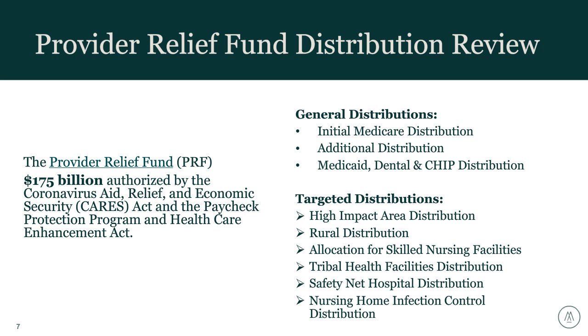Additionally, if Medicare providers did not receive the full 2% of their annual revenue, they were able to submit financial information, including their most recent tax filing or audited financial statement and a calculation of lost revenues from March and April. HHS then used that to determine a true-up payment to get them to their full 2% of annual revenue.